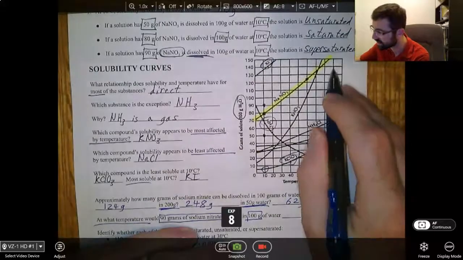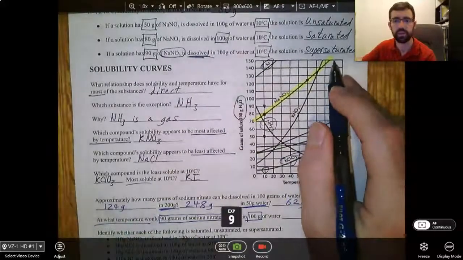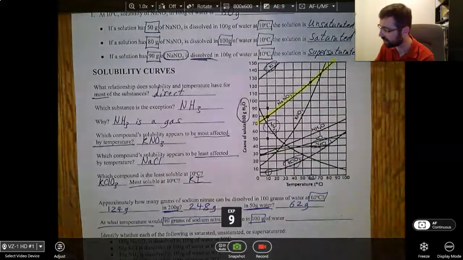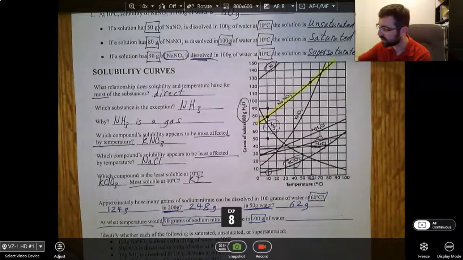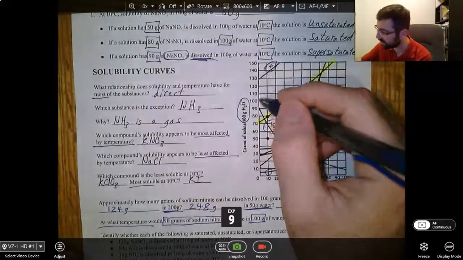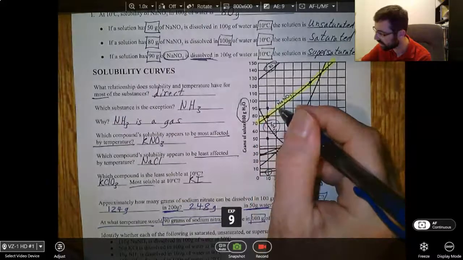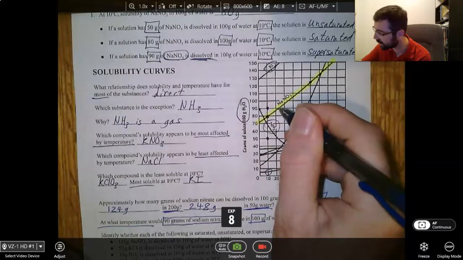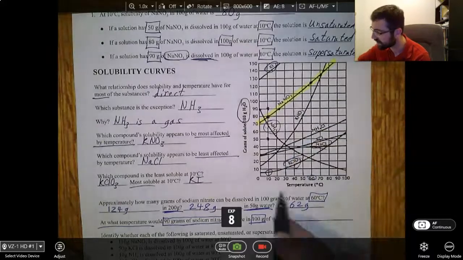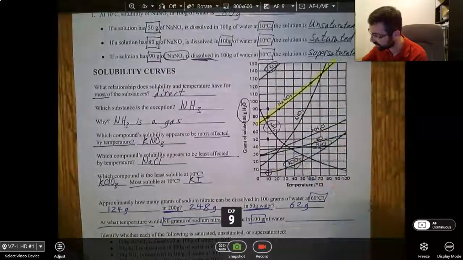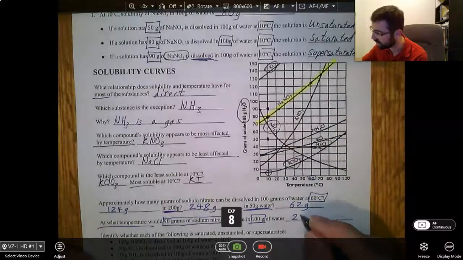Wait a second, that doesn't... But that's not right. Because this is the temperature. I'm looking for 90 grams of sodium nitrate. So we need to go and find 90 grams on this axis and then go over to sodium nitrate. I want to know the temperature. I'm looking for the temperature this time. So go down to, I'd say 22, about 22 degrees Celsius.